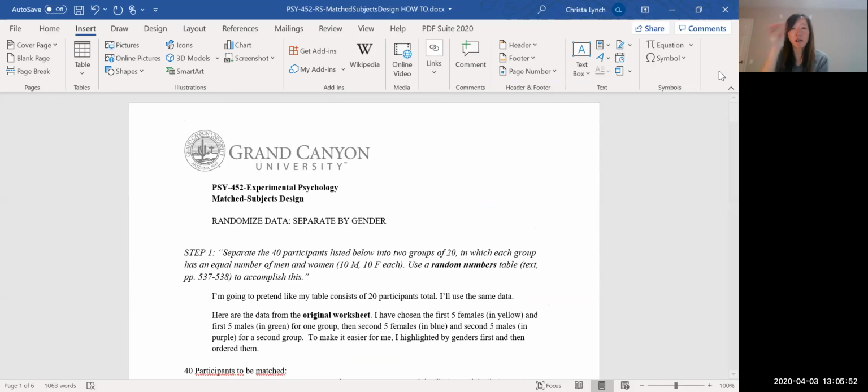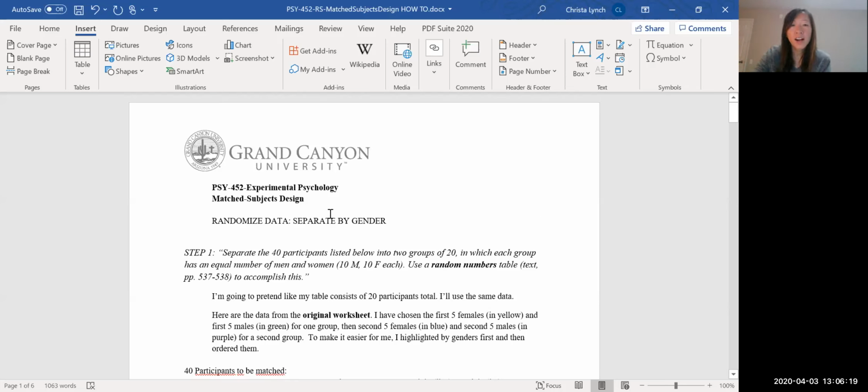Anyway, you can see that there's 40, so that's a set of 40 scores, or 40 participants. So I actually just did 20 of them and use those 20 to do what I'm going to do right now, to demonstrate the steps on how to do this worksheet and put together matched designs.